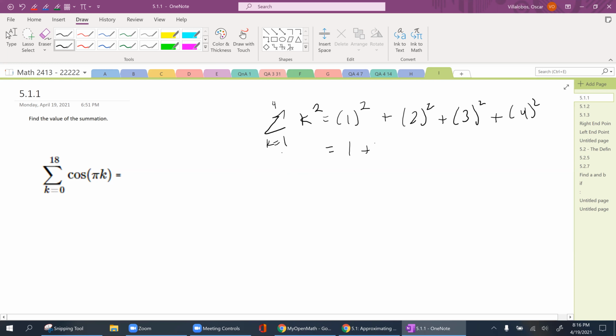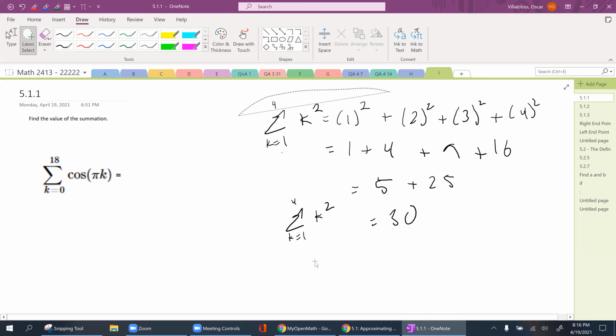So this is 1 plus 4 plus 9 plus 16. That's 5 plus 9, 14, plus 16, which is 30, meaning the summation from k equals 1 to 4 of k squared is 30.